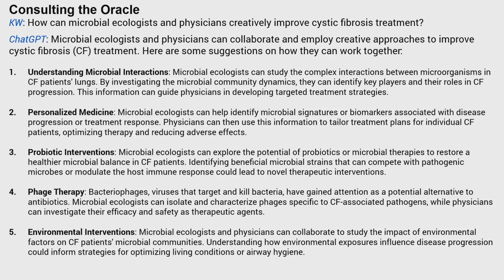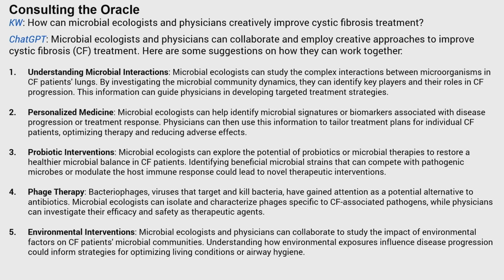Thinking about how I can come up with ideas for how we can tackle this type of problem, I consulted the Oracle, ChatGPT, and asked collective humanity what we could do to get some new tactics for tackling chronic infections in CF. Actually, the answer was surprisingly good, so it's motivating.